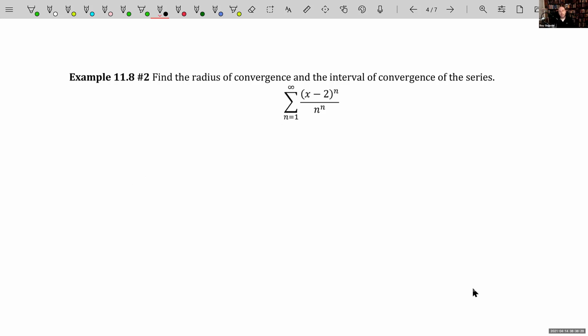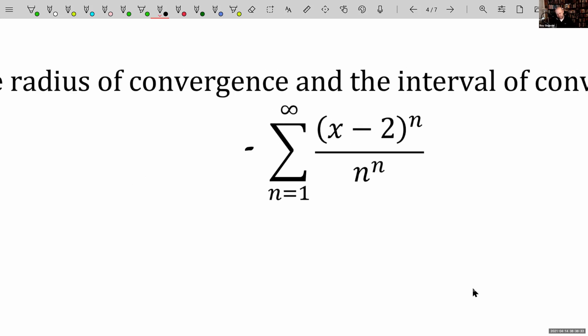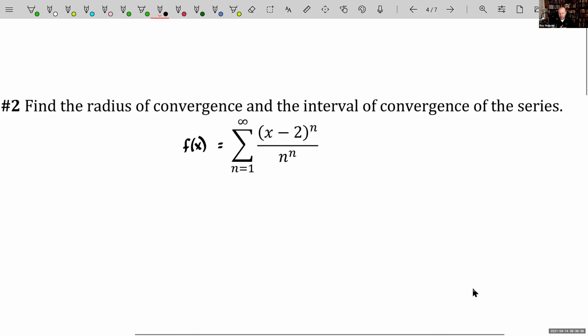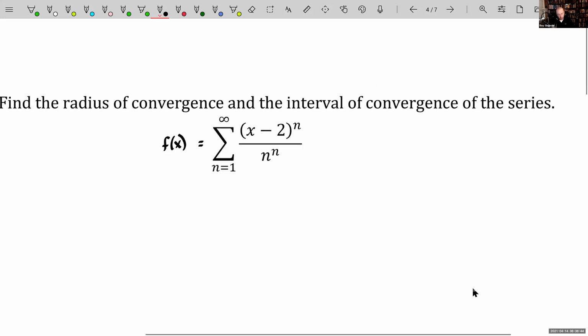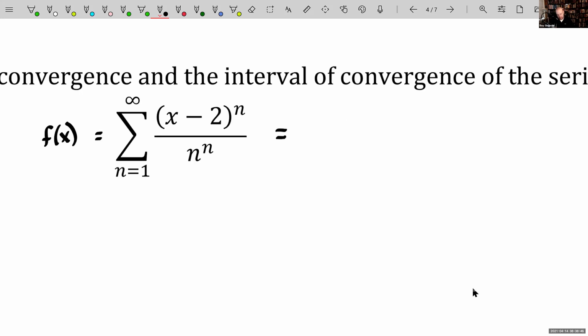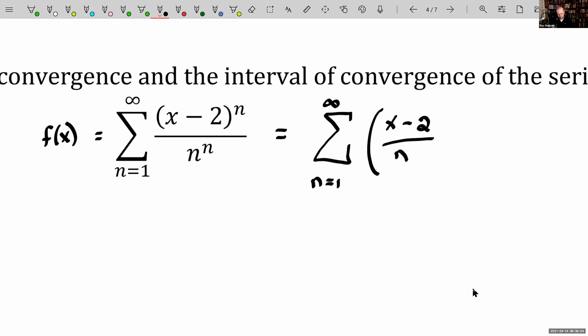So here's a power series because it has an x in it. It's a function of x. And I want to find out what the radius and interval of convergence are. Well, note, if you take a look at this power series, it could be written as follows. Now that's pretty rad.